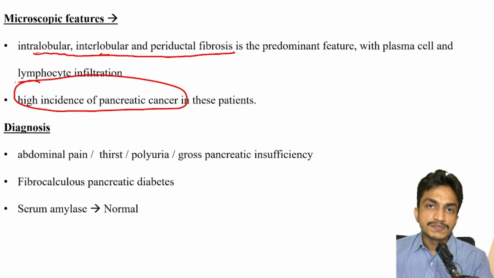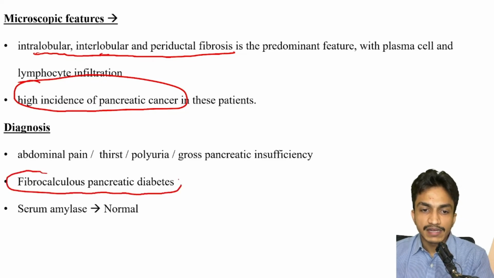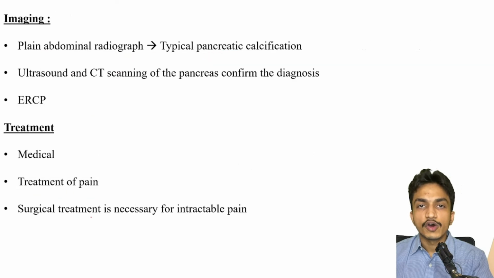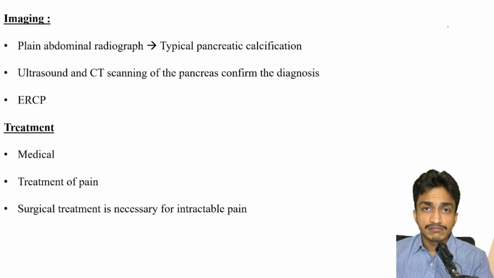Coming to diagnosis, the patient usually presents with symptoms of pancreatitis, and sometimes because of the fibrosis there can be fibrocalculous pancreatic diabetes, or they can present with either exocrine or endocrine insufficiency. Usually they have serum amylase within normal limits. For imaging, in chronic pancreatitis we can evaluate on the basis of CT, MRI, or ERCP, which can help in both diagnostic and therapeutic intervention.